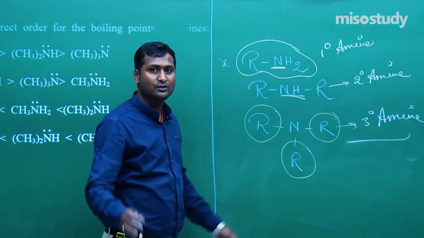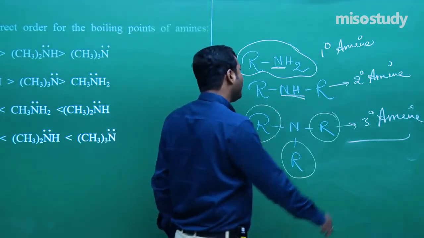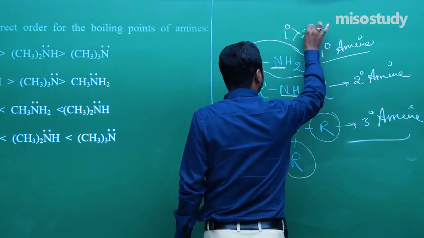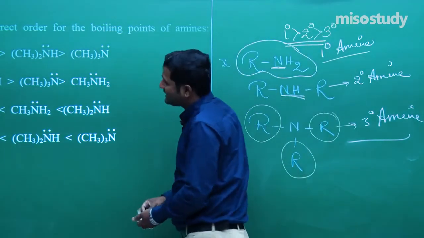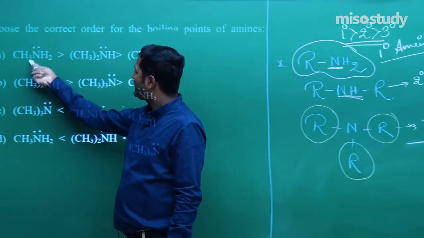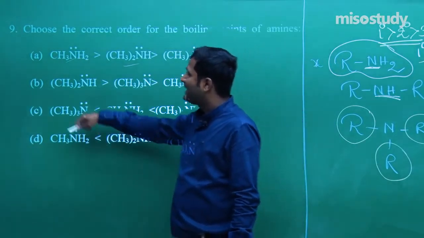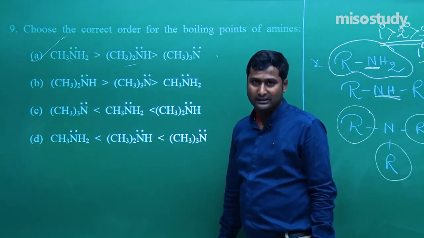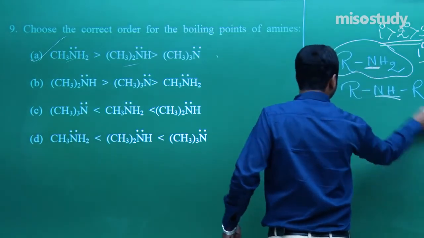If there is more association, then the boiling point increases. So first 1 degree, then 2 degree, then 3 degree amine. Check it out, CH3NH2, 1 degree, 2 degree, 3 degree. Very simple. For question number 9, A is the correct option. Now friend, I'm going to rub this part and we'll discuss the next one.